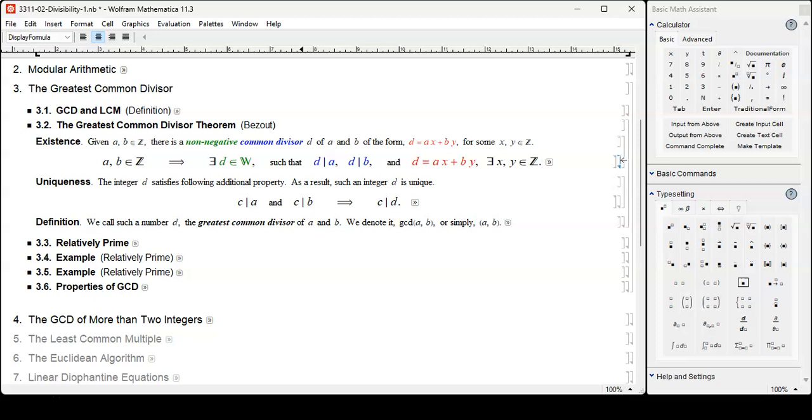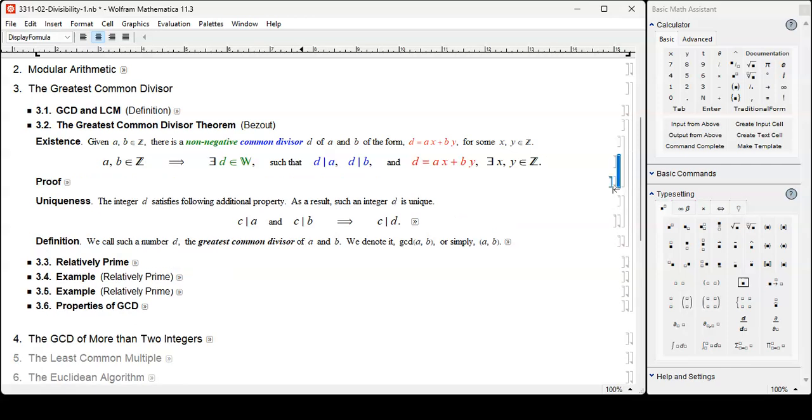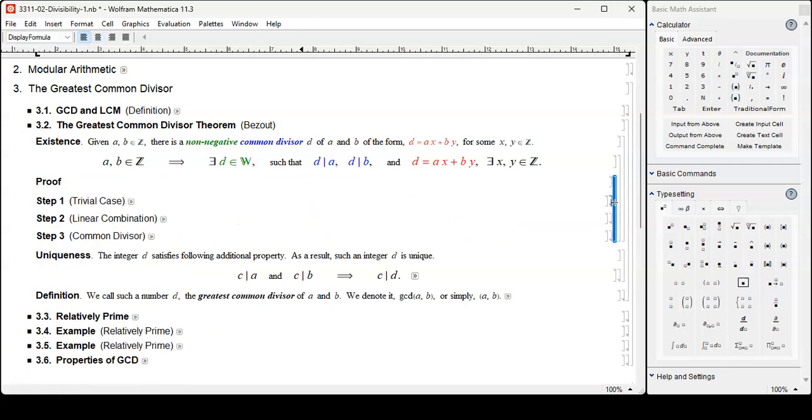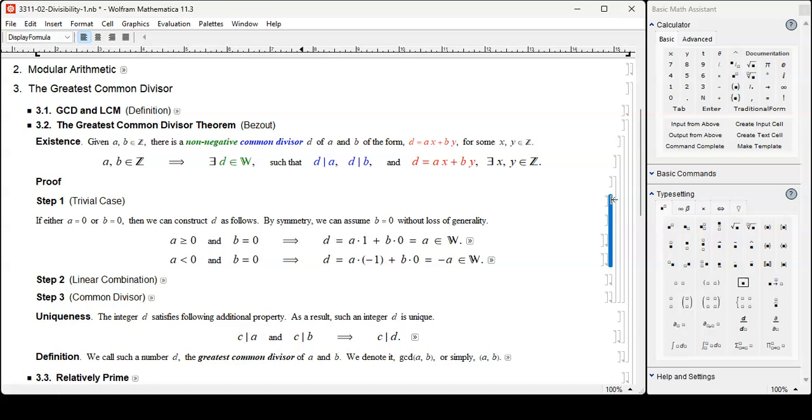Let's prove such an integer d exists. First, the trivial case: either a or b is 0. When a is greater than or equal to 0 and b is equal to 0, then we can devise a linear combination as a times 1 plus b times 0. That gives me a, and a is greater than or equal to 0, so it's a whole number.